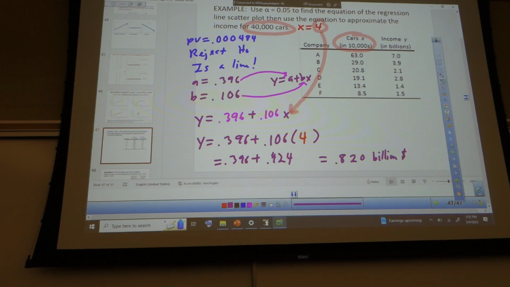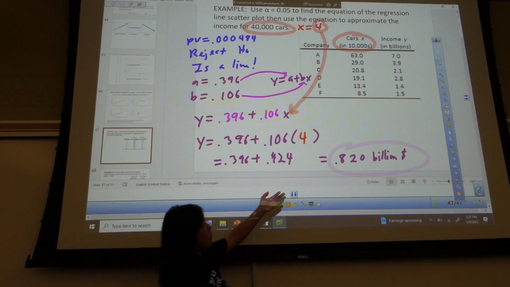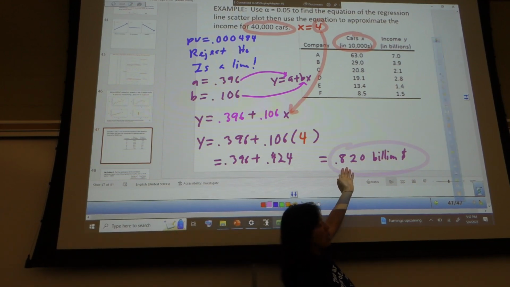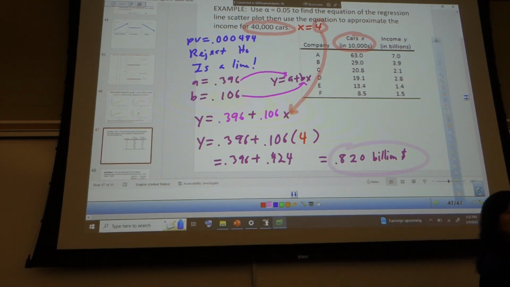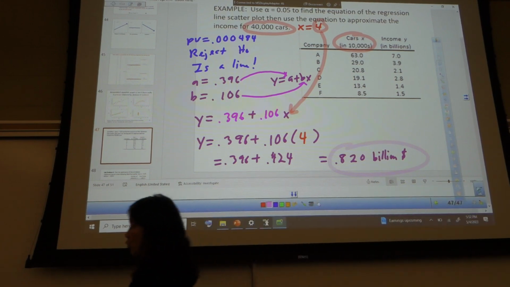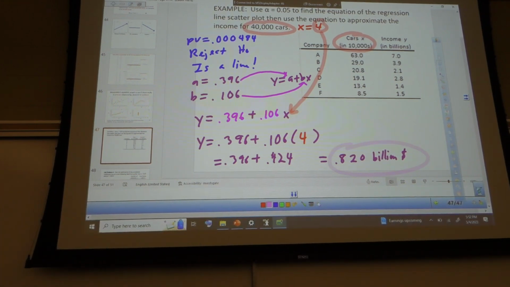We should probably label that to indicate what it stands for. So when x is 40,000 cars, there should be an income of $0.82 billion. Okay, people feeling okay with this? Okay, great.